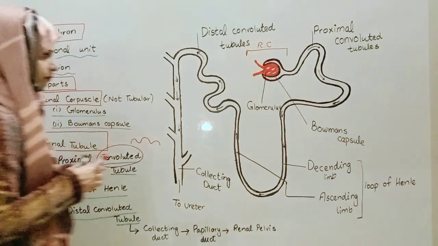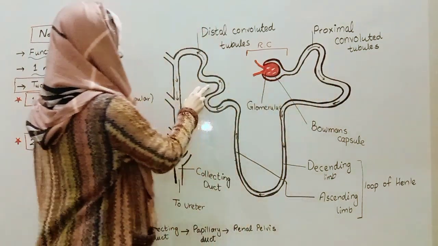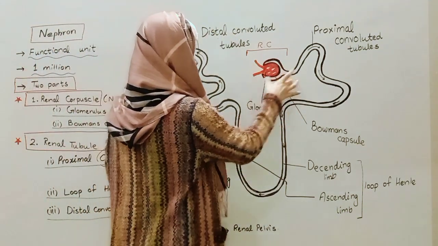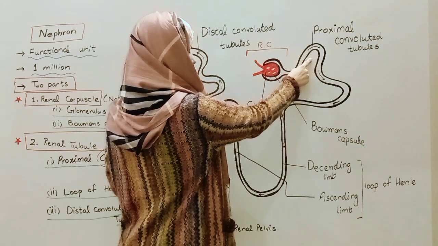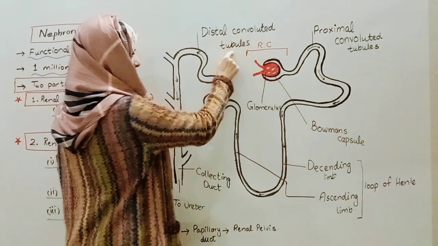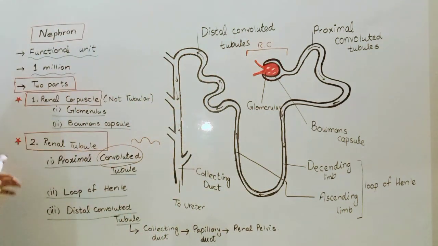You can see convoluted, and it is also convoluted. First part after the renal corpuscle is proximal convoluted tubule, and the last part is distal convoluted tubule. There are three parts of the renal tubules: proximal convoluted tubule, loop of Henle, and distal convoluted tubule.